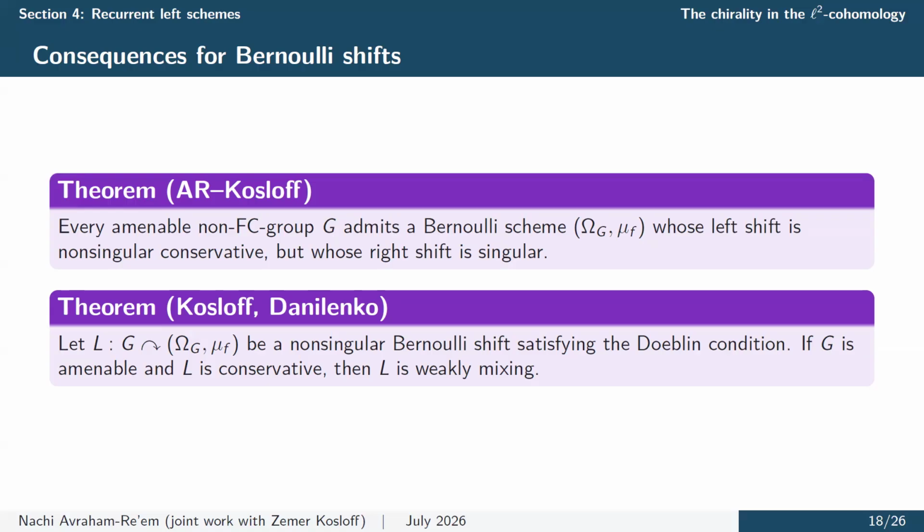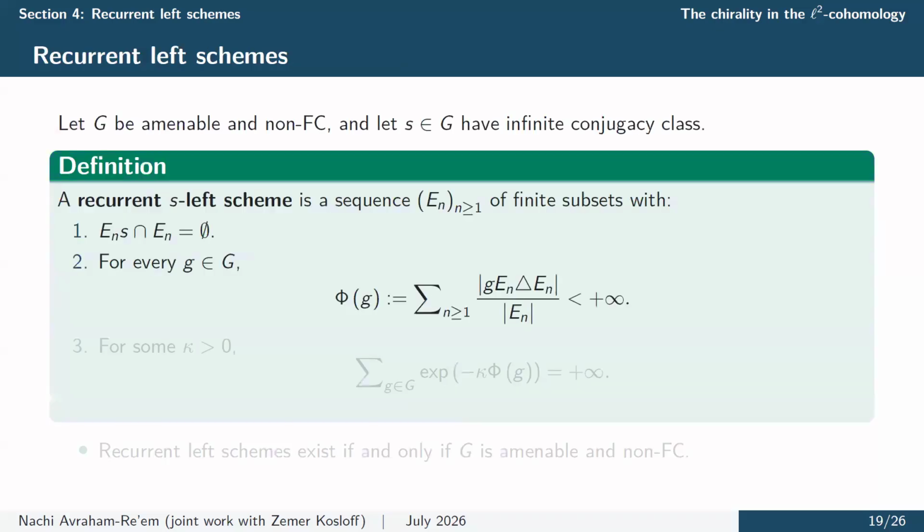But if I translate this coin toss from the right, rather than from the left, where I get lots of interesting dynamics, I get something completely different. Something that statistically is nothing like the original system. That's the meaning of this construction. We indeed show this strengthening of the previous result: yes, this is possible in every amenable group which is not an FC group.